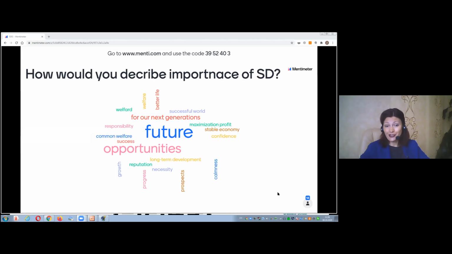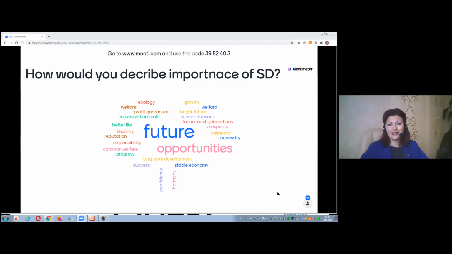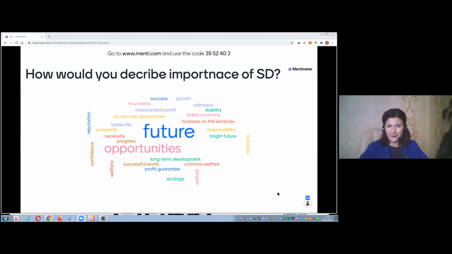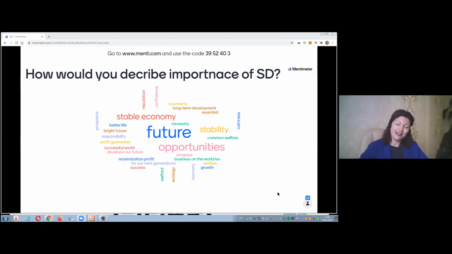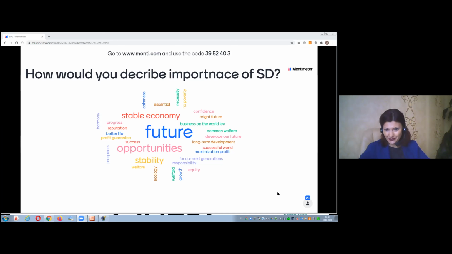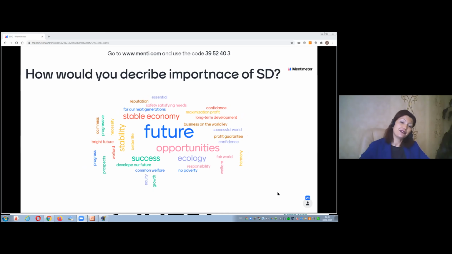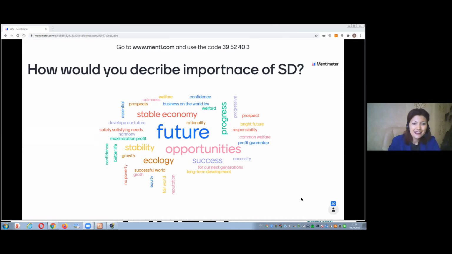I like the way it actually shows future and opportunities in the middle slide. Stability, reputation, responsibility, progress, very good. No poverty, prospects, calmness, harmony, long-term development, profit guarantee, reputation, safety, satisfying needs, maximization of profit.